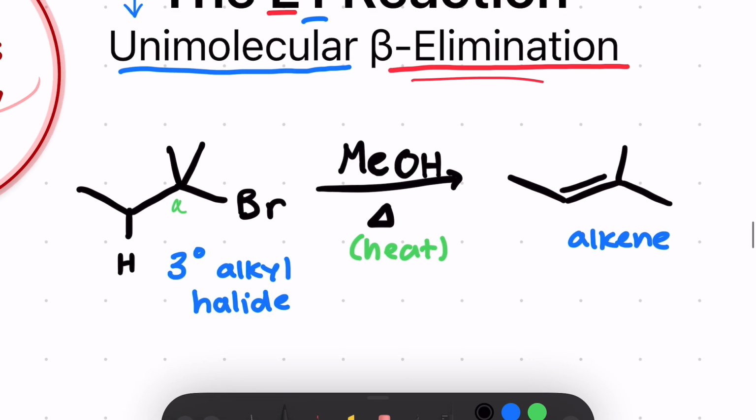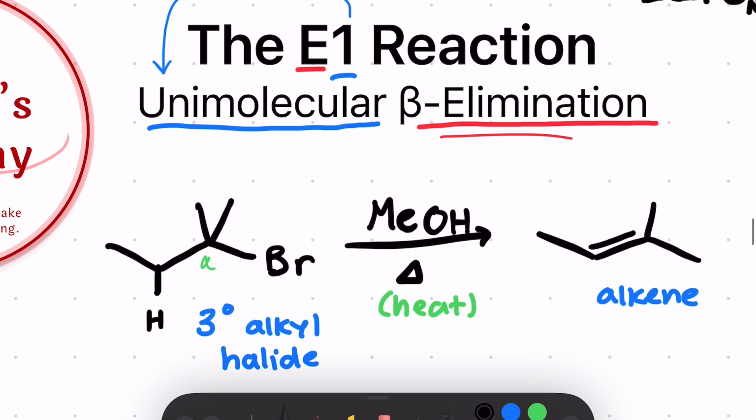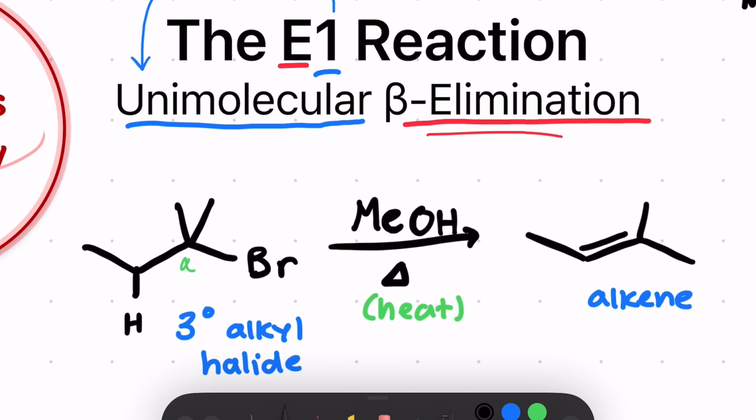For the purposes of today and henceforth, heat usually implies elimination. We're usually going to be forming some double bonds. You'll also notice that for E2, we needed a strong base. For E1 here, we have a base, but it is a weak base.